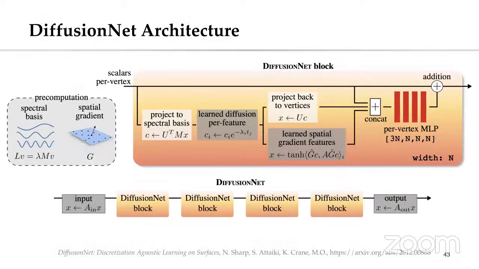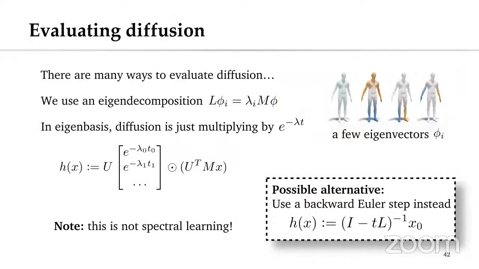Max: Yeah. So you do the diffusion the spectral way, so to speak, and you do this in a reduced basis? Yes. So you lose some properties that you would get with the Euler step method, right? Absolutely, definitely.